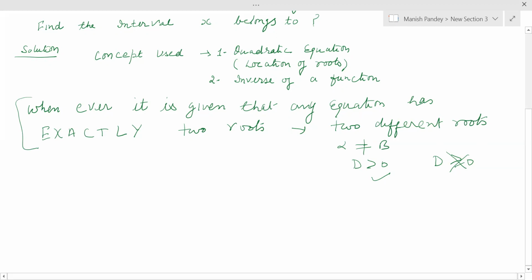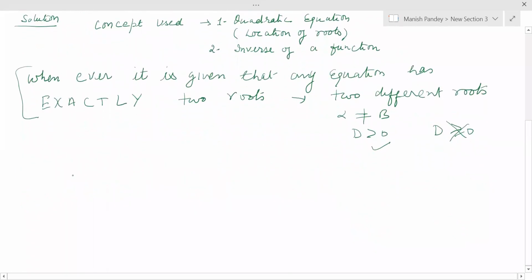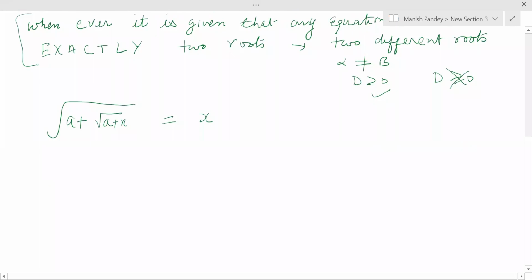Now come to the problem. We have been given the equation a plus root of (a plus x) whole root equals x. There is no other way except squaring both sides. But in any quadratic equation or inequality, we have the right to square only when both sides are positive.